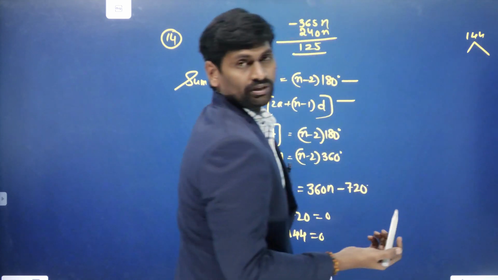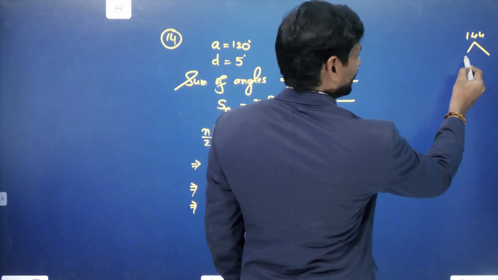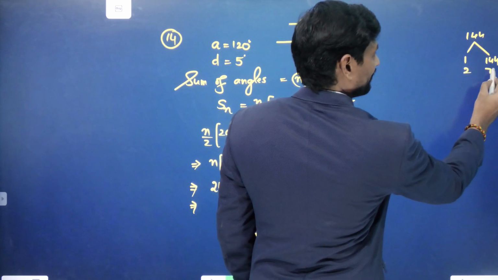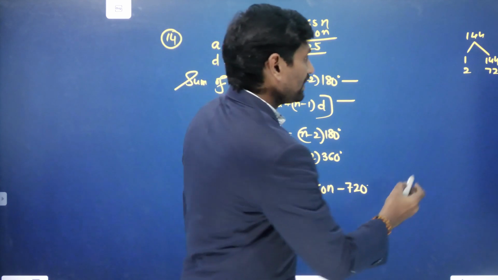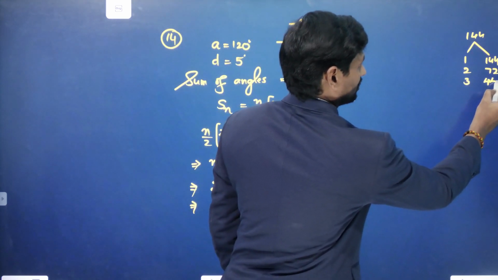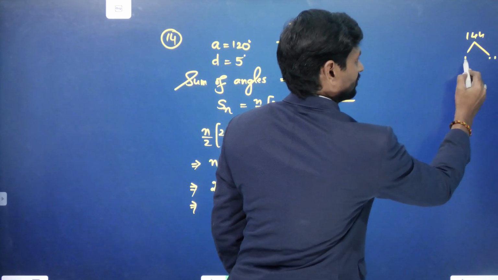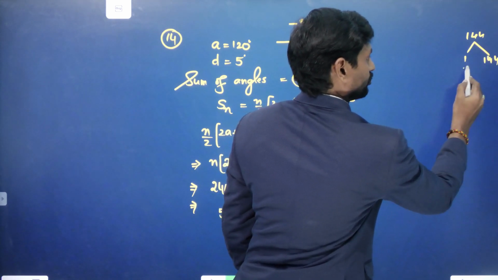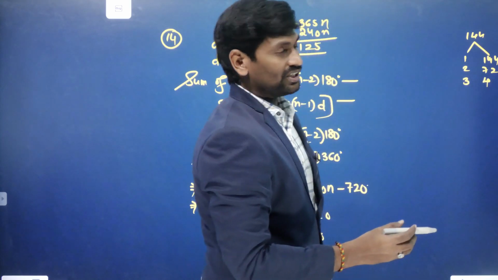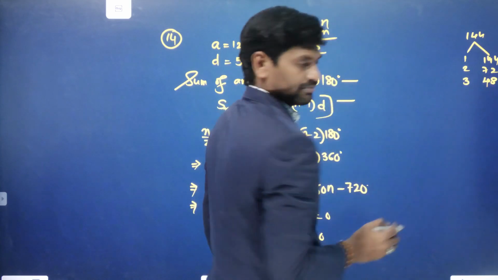Yeah, let us take the 144 factors. 1 table, 144. 2 table, 72 times. 3 table also will come, 3 4s are 12, 3 8s are 24, 48 times.